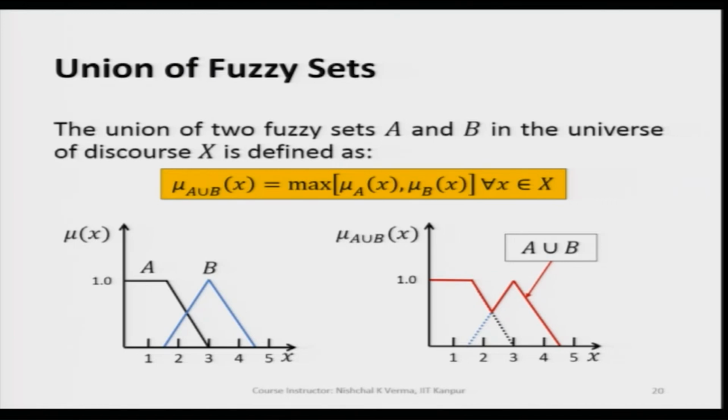If we have fuzzy sets A and B, and we are interested in finding the union of these two, we must know that not only the elements present in these two sets, the membership values are also important, and they play a very important role in finding the union of fuzzy sets.